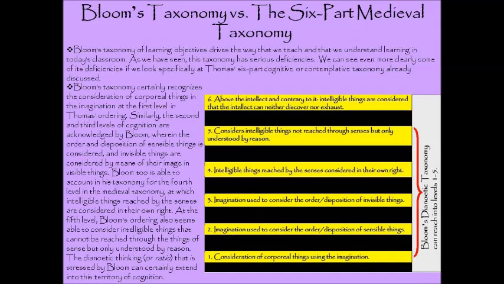So Bloom, too, is able to account in his taxonomy for the fourth level in the medieval taxonomy, at which intelligible things reached by the senses are considered in their own right. At the fifth level, Bloom's ordering also seems able to consider intelligible things that cannot be reached through the things of the sense, but only understood by reason. Noetic thinking, or ratio, that is stressed by Bloom, can certainly extend into this territory of cognition.